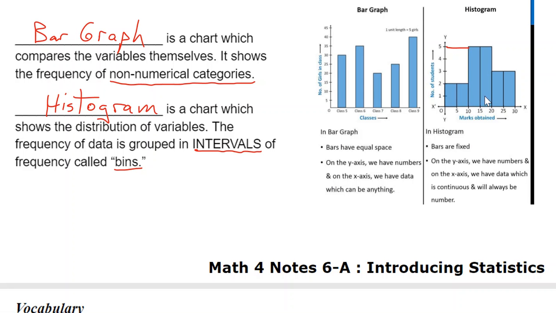There are 5 students between 15 and 20. I could figure out where the median would fall, and I could even try and calculate an average of sorts, but I'm only going to get close. I'm not going to get an exact answer. So histograms sometimes have disadvantages.